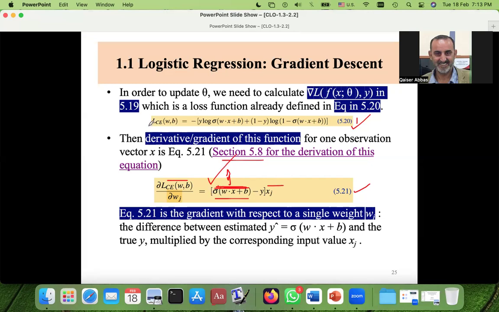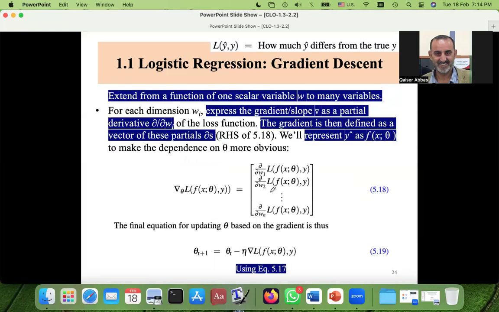So when you apply the derivative, or the gradient, over this loss, then that gradient is giving you this equation. Now you can put this equation here, in the gradient of loss.